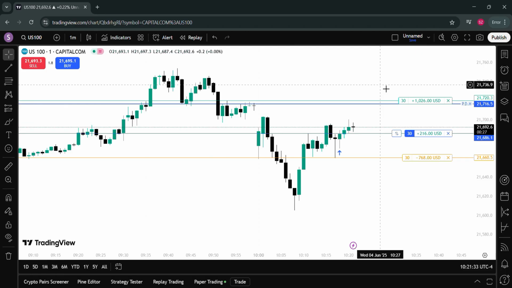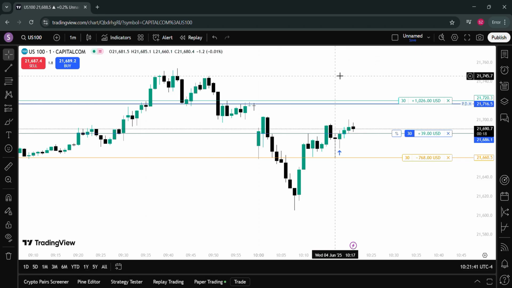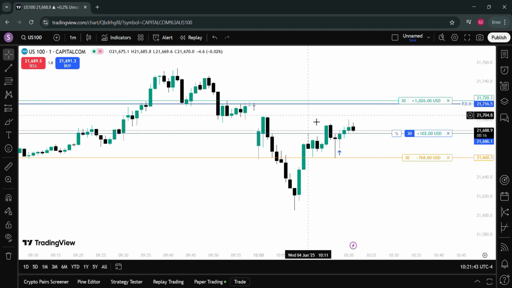We're up 300 bucks, 200 now. The target is just up there. Our target could be higher, but this is the lowest hanging fruit, the highest probability target that we can get. You could put your target here at 21,753.